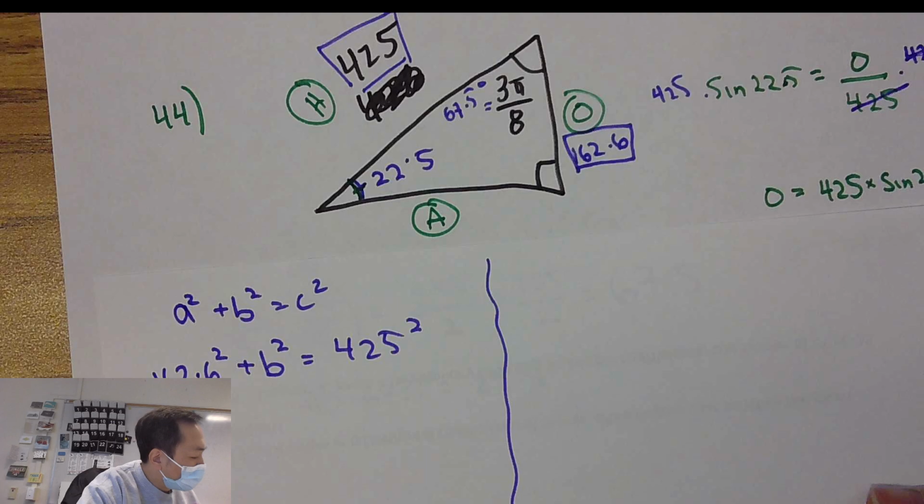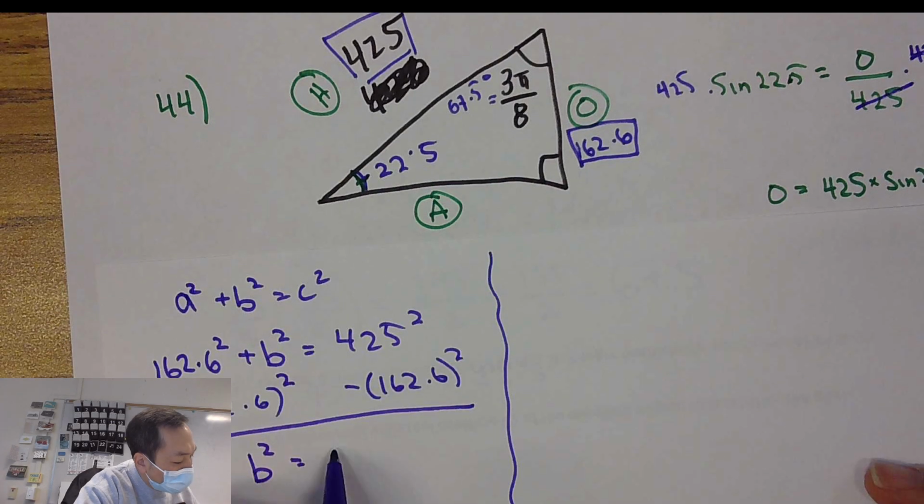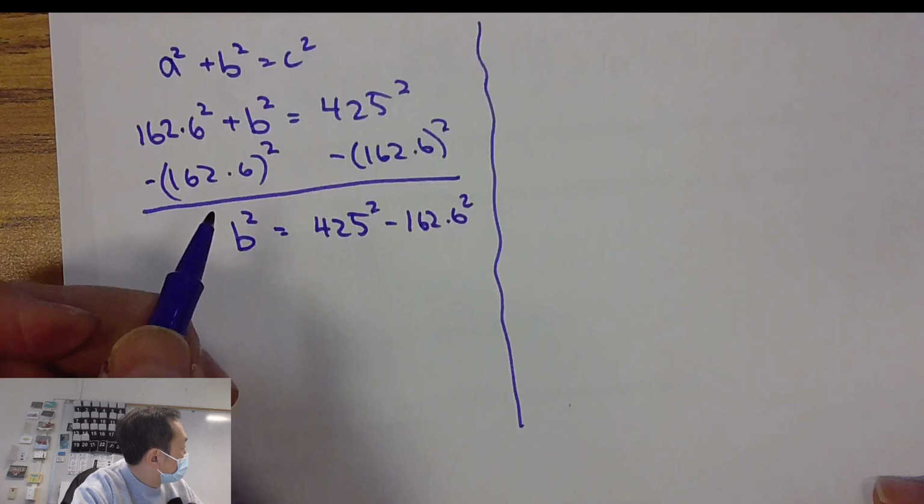That is B squared equals 425 squared minus 162.6 squared. And now the numbers are getting really ridiculously big.